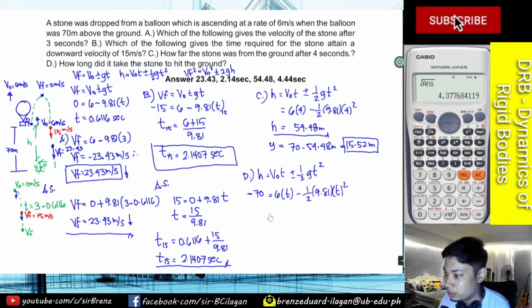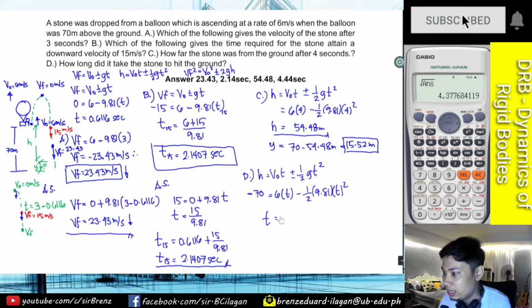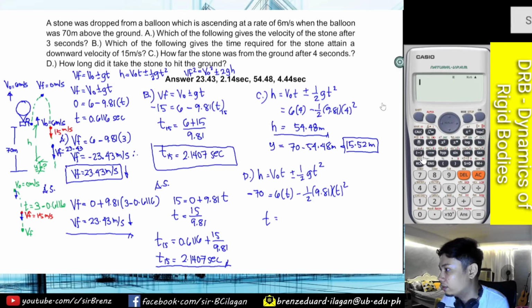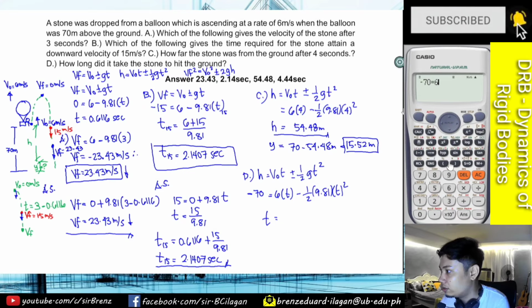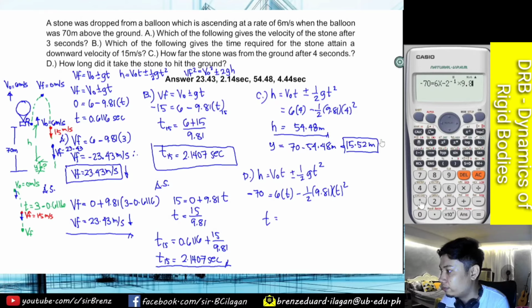Ayan, so shift solve na lang natin. Ano ba yung lalabas sa sagot dyan? So, negative 70 is equals to 6 times x, and then minus 1/2 of 9.81 x squared. So, shift solve.